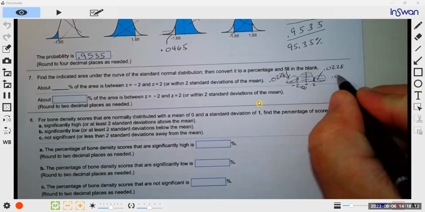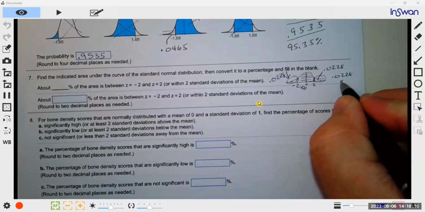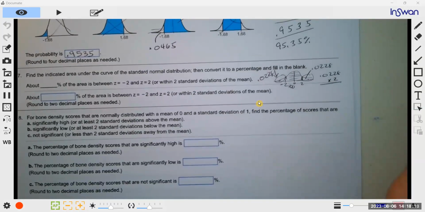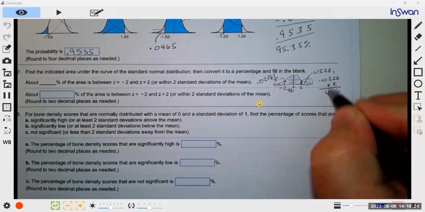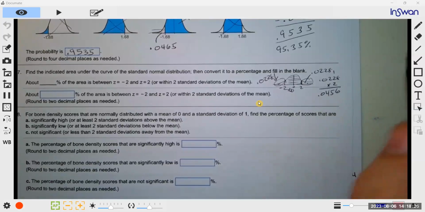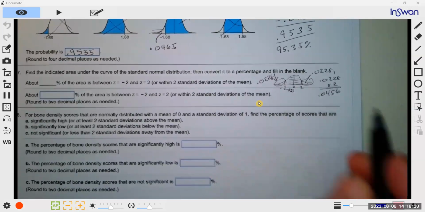If we double it, that's 0.0456, so that's both of those areas.